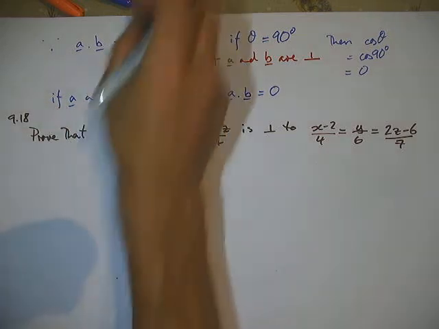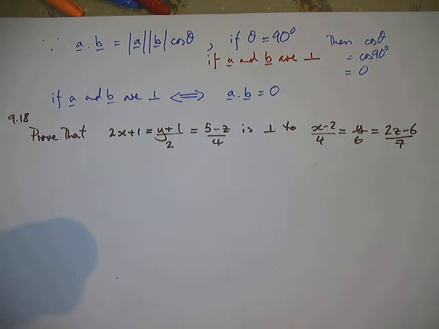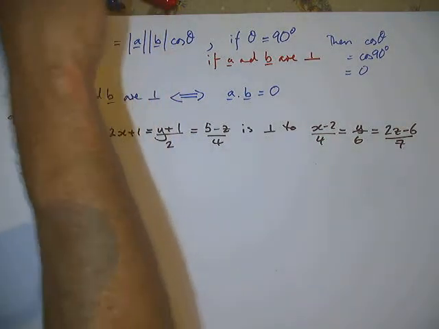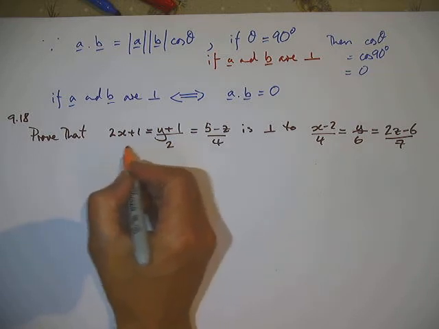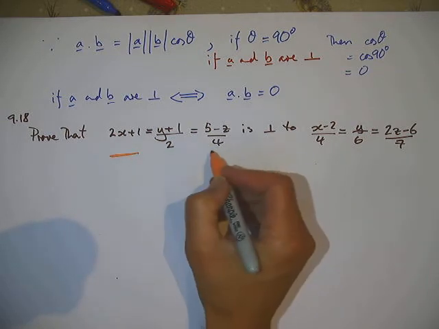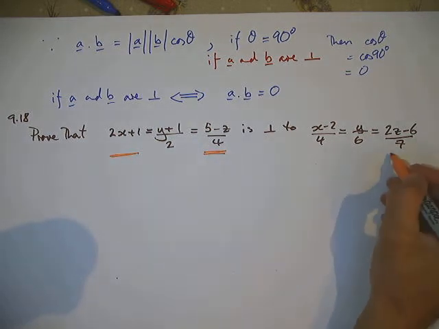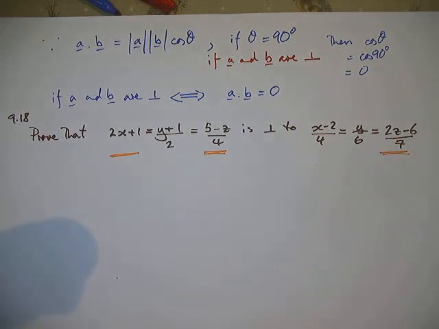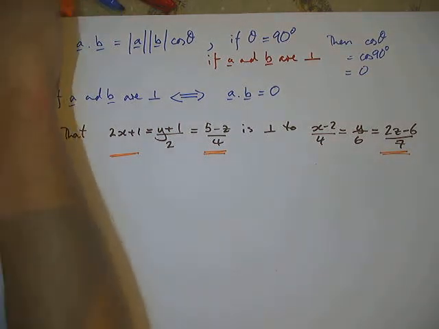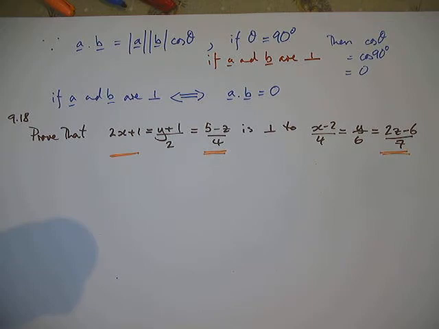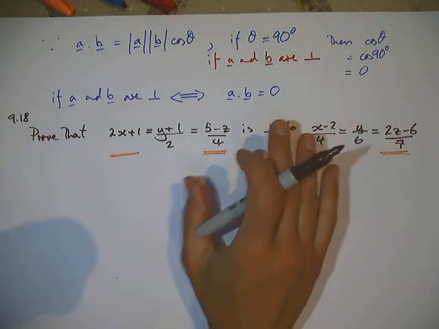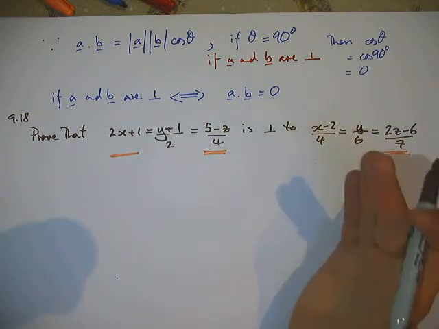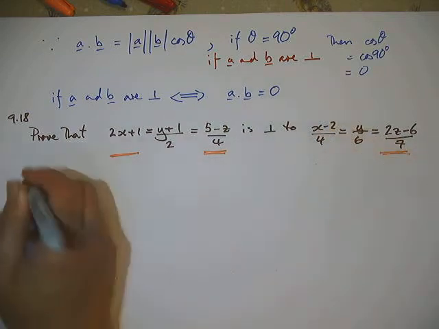Well, the first thing to say is they've done it nicely. They've changed the format, haven't they? We've got a crazy format here, here, and here. So the first thing to do, if we want to prove they're perpendicular, is to do with the dot product of the direction vectors.